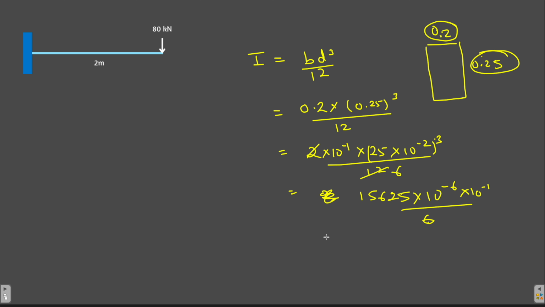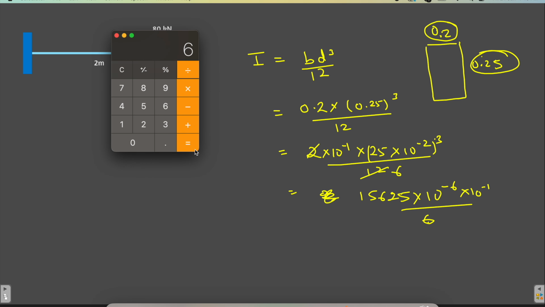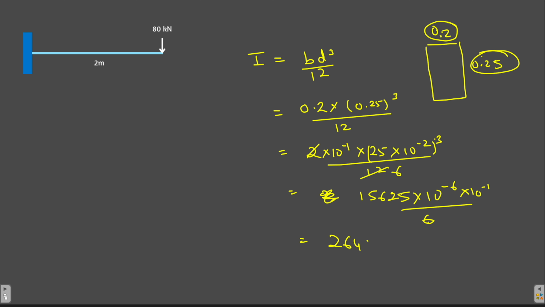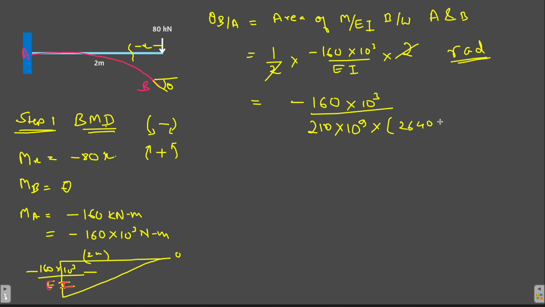So whatever is the answer, whole divided by 6, is about 2640 into 10 to the power minus 7 meter to the power 4. You put this value over here, 2640 into 10 to the power minus 7, and you will solve this, you will get the answer in radians.